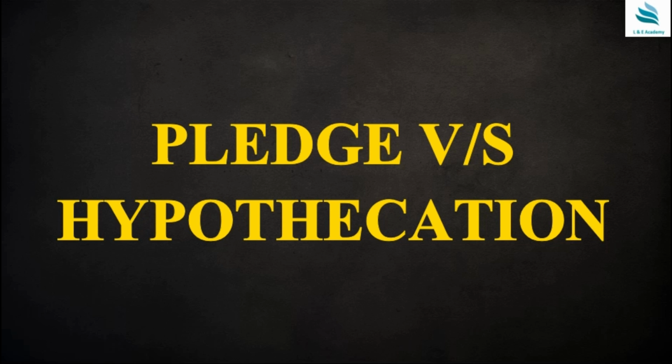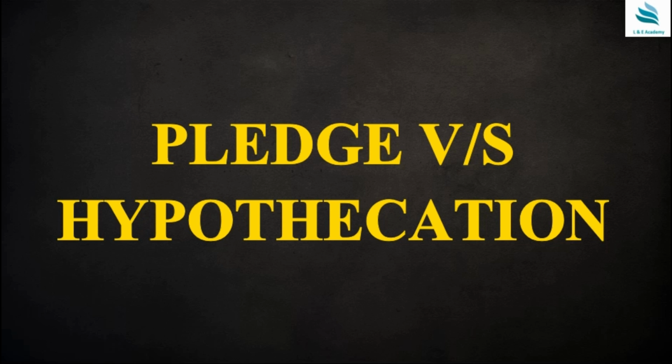For example, you pledge your gold for a loan. So in this case, you will give the gold to the bank. The bank will keep the gold in their security and give you the loan amount. So in this case, the asset is not with you, it is with the bank. It is pledged with the bank.